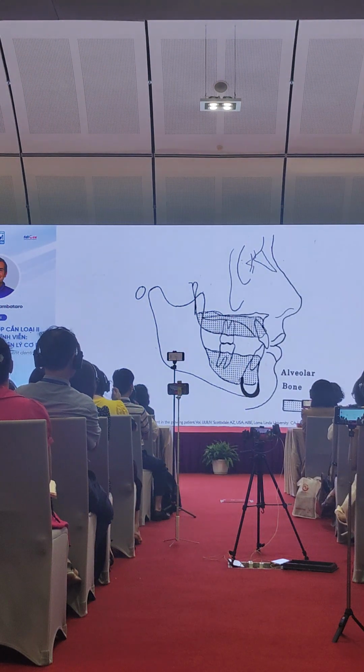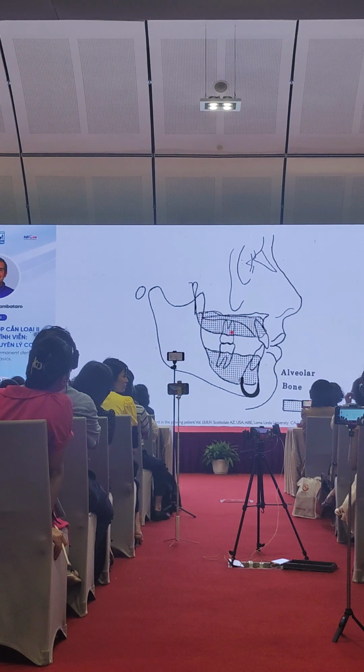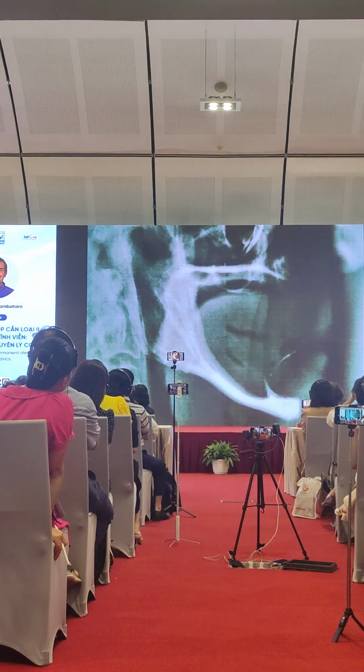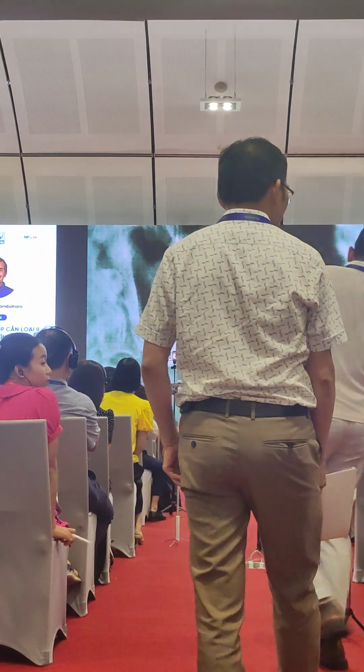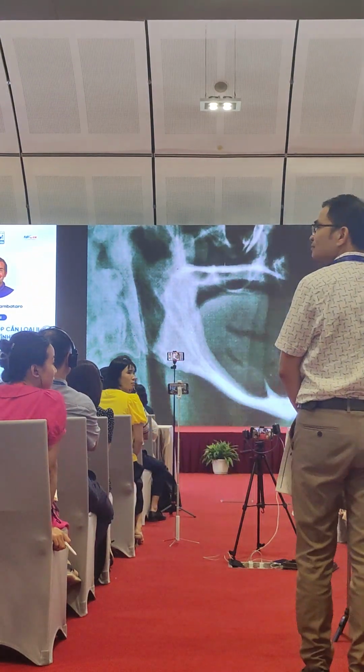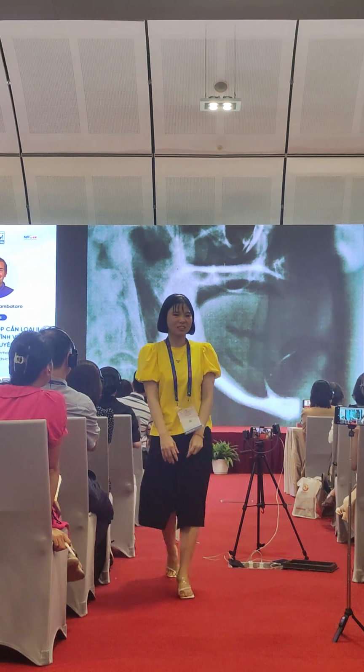We can affect all the maxilla and the mandible here. And as you can see in this patient, without the teeth, you can see the contribution that the teeth and the alveolar process give to the face. So we perform a unique mission for the patient.